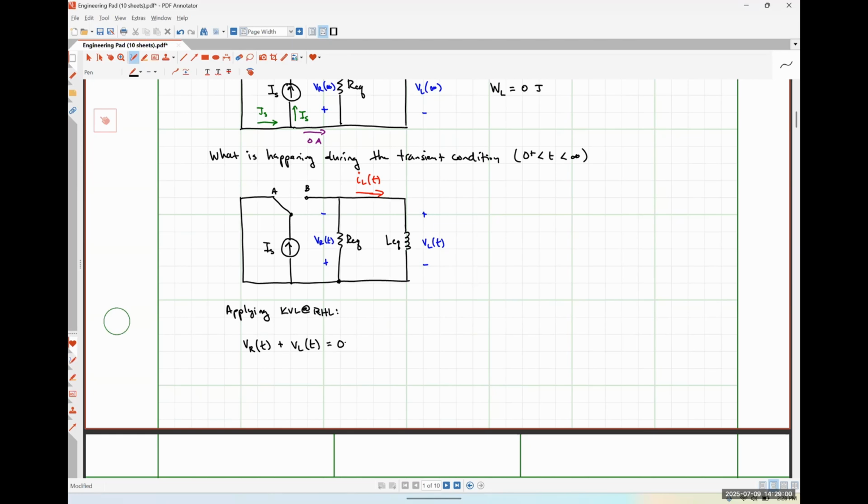Now, as it turns out, we can express both of these voltages in terms of our inductor current, since during the transient condition, our inductor current is just going to flow around that right-hand loop.